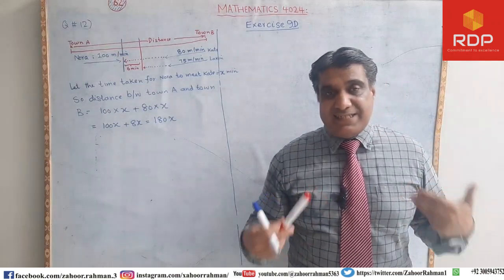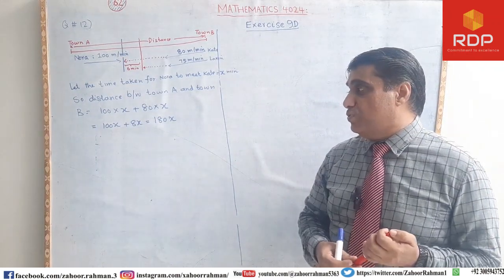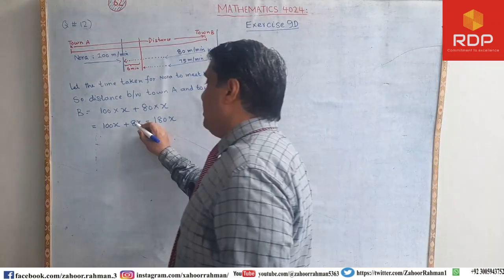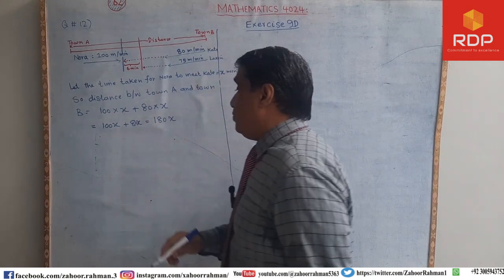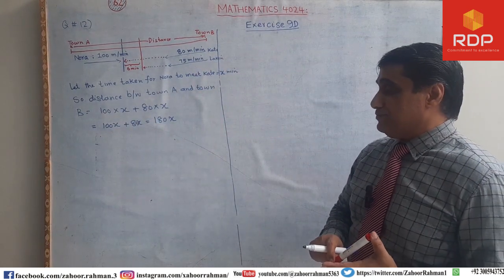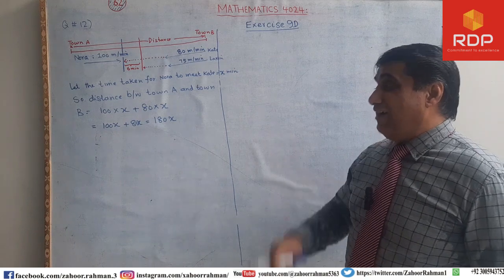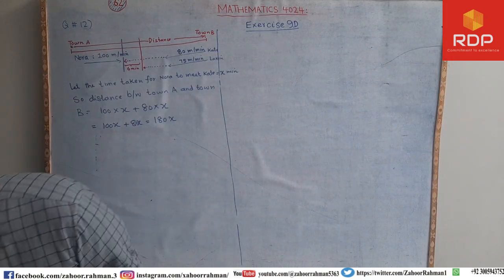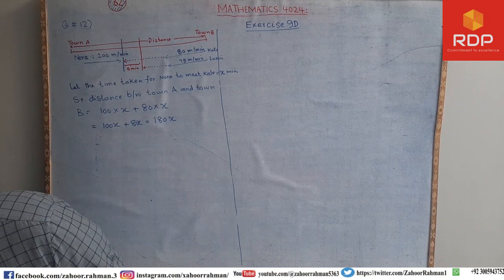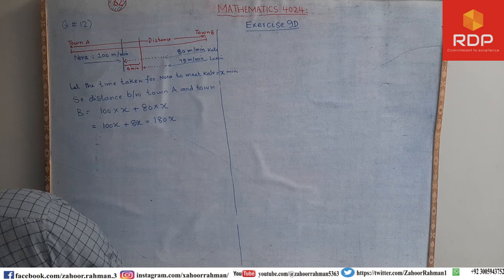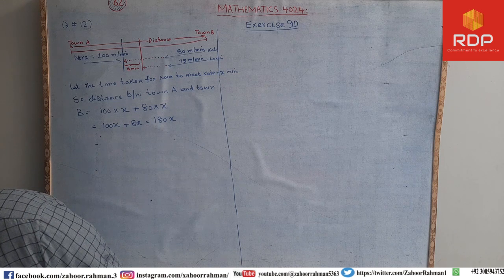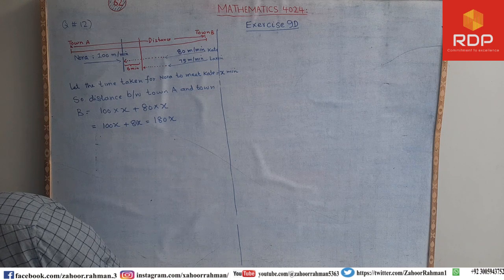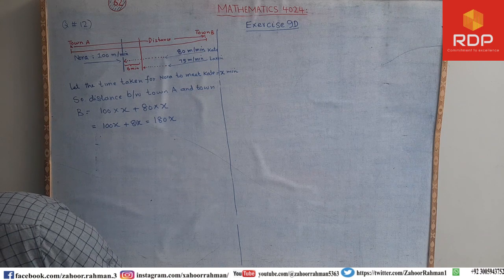Now by some means we have to find the value of x, and for that we have to think, and after a thorough look we can find the distance from town B.